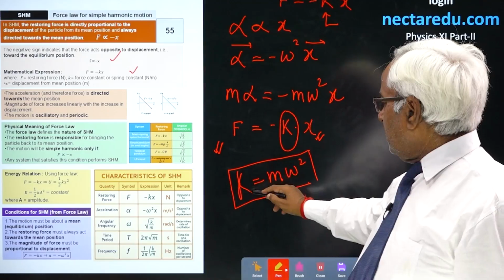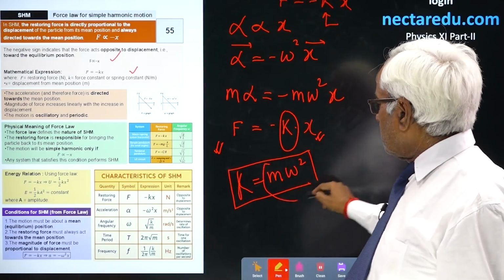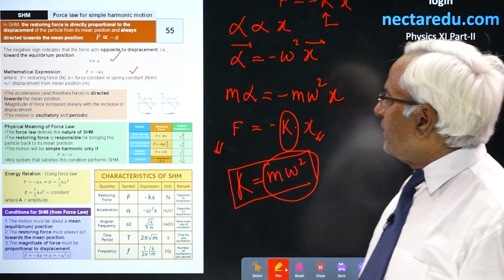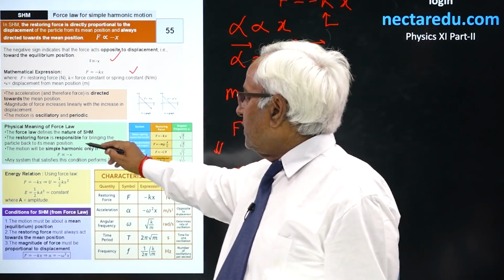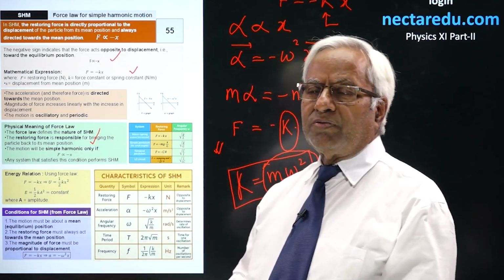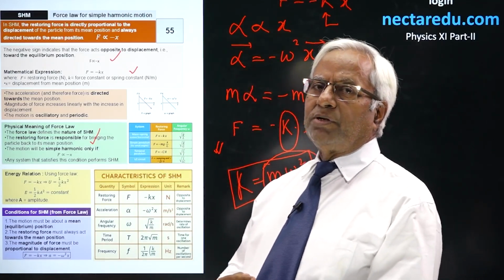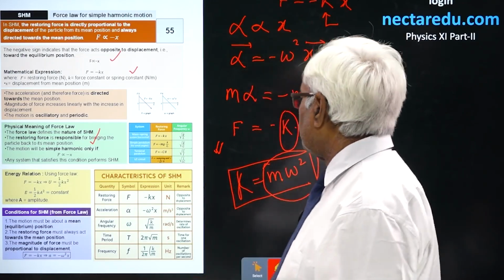Here also K would be known as force constant. This law becomes the condition for all types of SHM. Restoring force is only responsible for bringing the body back to the mean position.